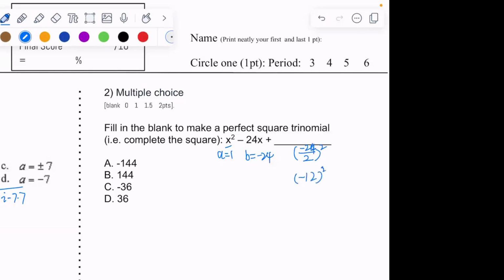So minus 12 times minus 12 is 144. So in this case, the constant term should be 144. The answer is 144 here.